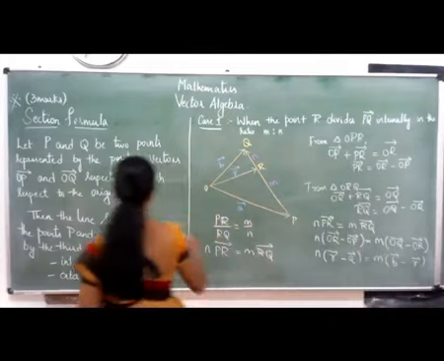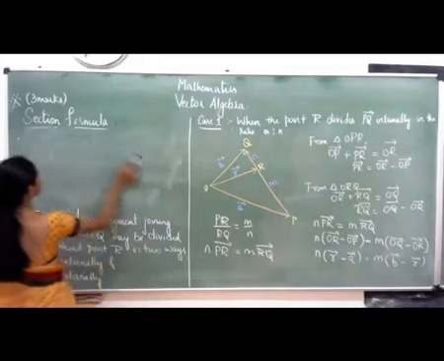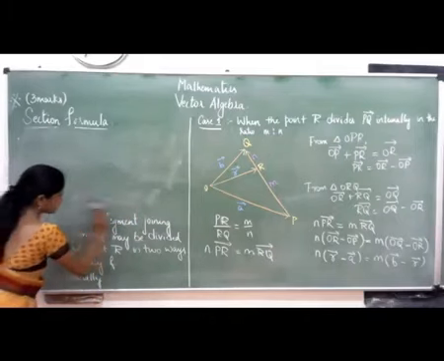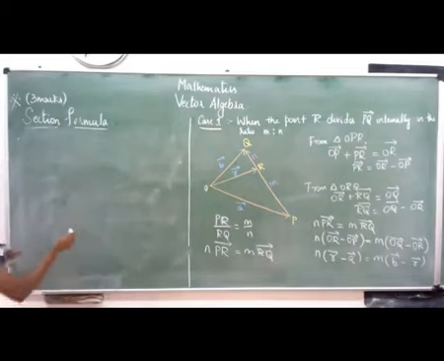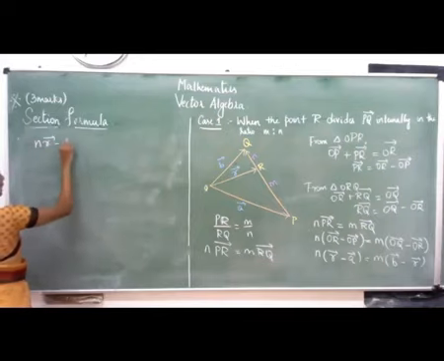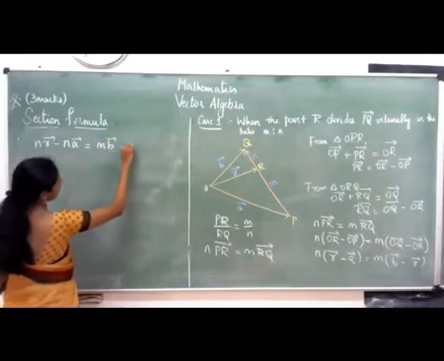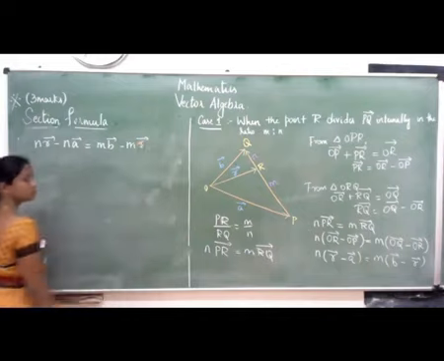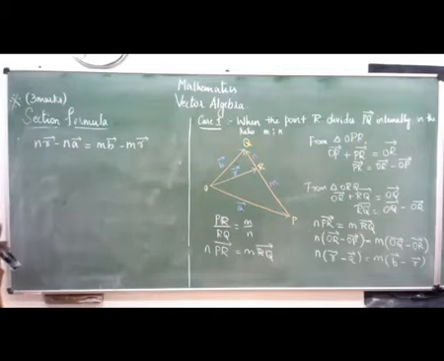So let us simplify that. Here continuing, n into vector R minus n into vector A is equal to m into vector B minus m into vector R. Now let us simplify further by grouping all vector R terms to one side.